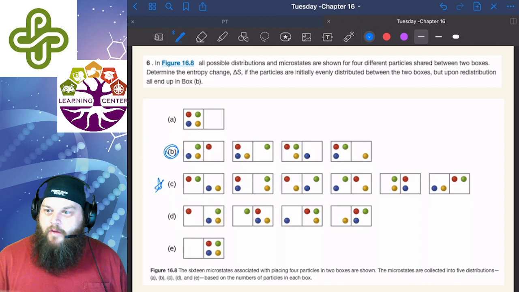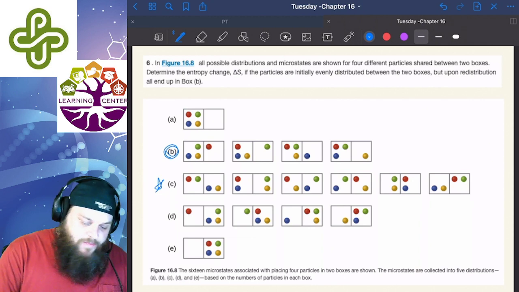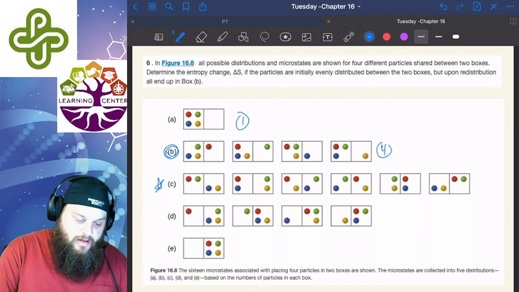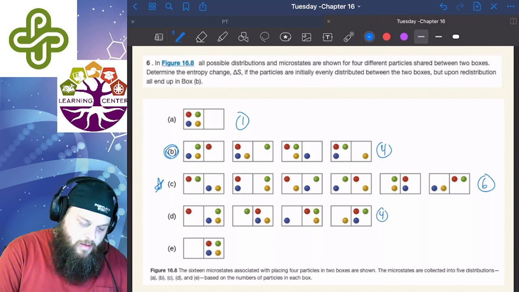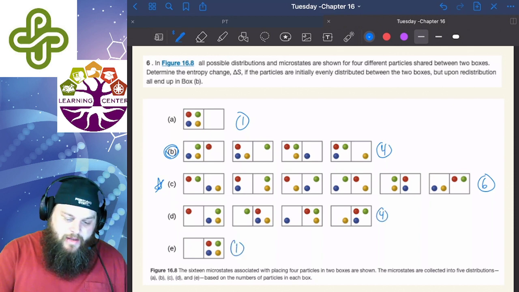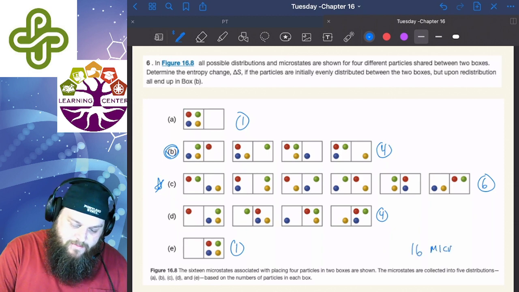If we count up all those microstates, we can find the number of microstates there are. In this case, there's 1 in this column, 4 in that row, 4 in this row, 6 in this row, 4 in that row, and 1 in that row. Adding those up, I get 16 total microstates.